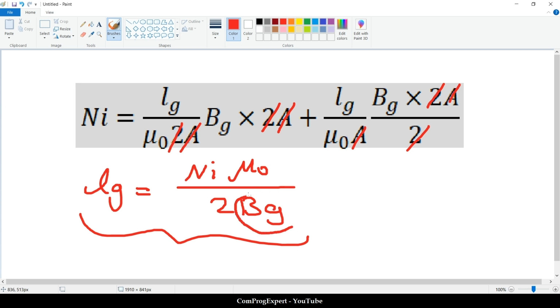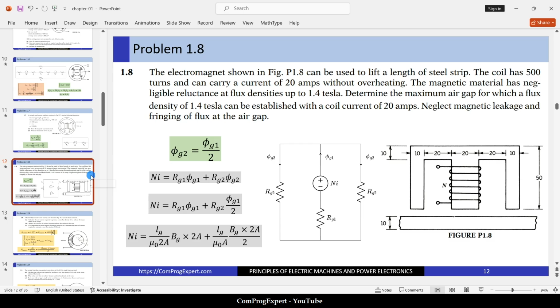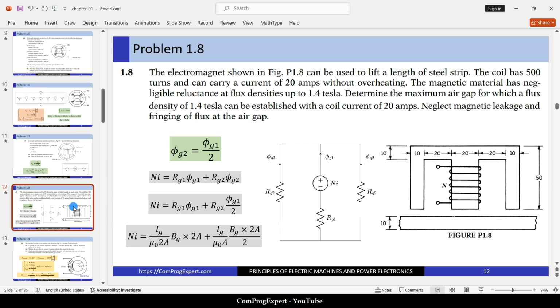We just need B gap and these variables, these numbers. Anyway, you can repeat the same procedure and realize the flux path throughout the circuit and try this example.